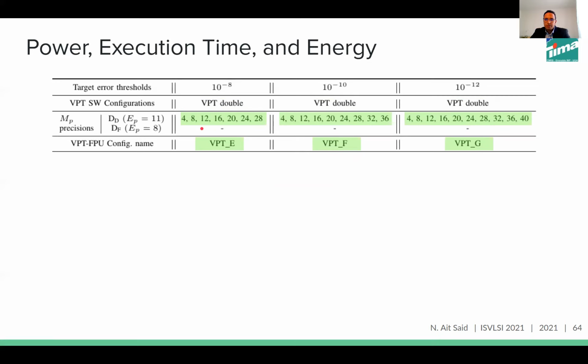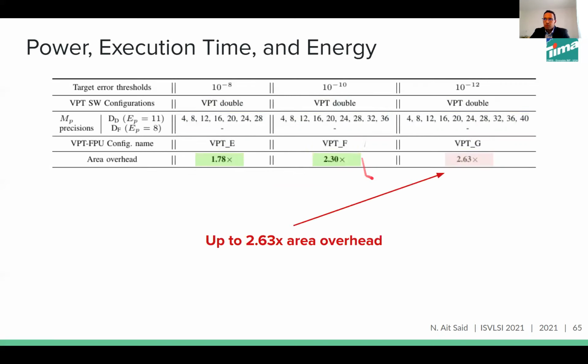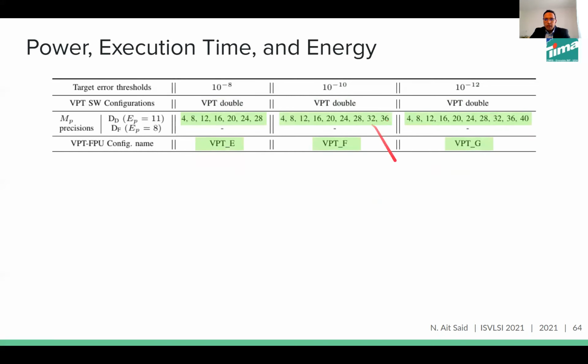For example, the architecture VPTE supports the precisions 4, 8, 12, up to 28. VPTF supports the same precisions, but also adds support for 32 and 36. So it's always multiples of 4. For all these configurations, the exponent bit width is always set to 11.